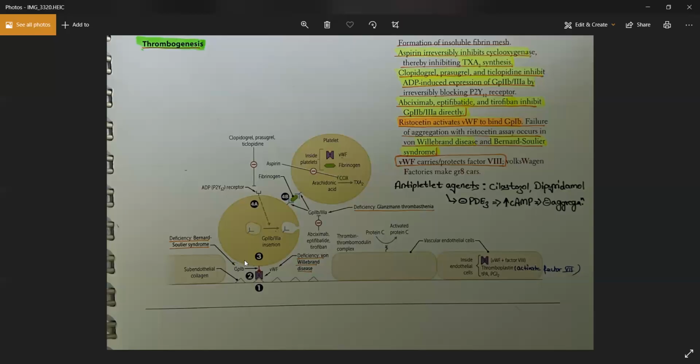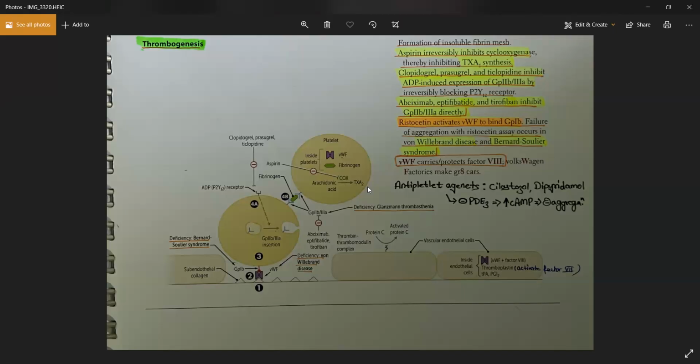Now, third, you will have Glanzmann thrombasthenia, in which the platelets can attach to the endothelium, but the platelets cannot attach to each other, right?